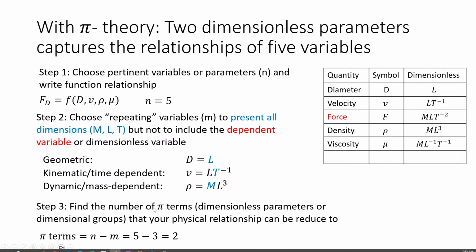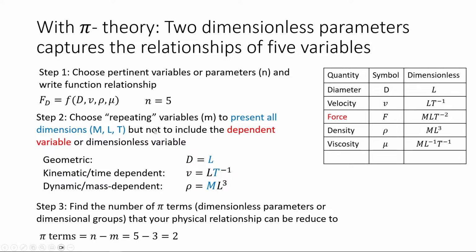And then you find the number of pi terms. Again, I told you the number of pi terms would be 5 minus m, your repeating variables, so that would be 2. Again, your repeating variables should include MLT. If you have other primary dimensions, then your repeating variables should include them.